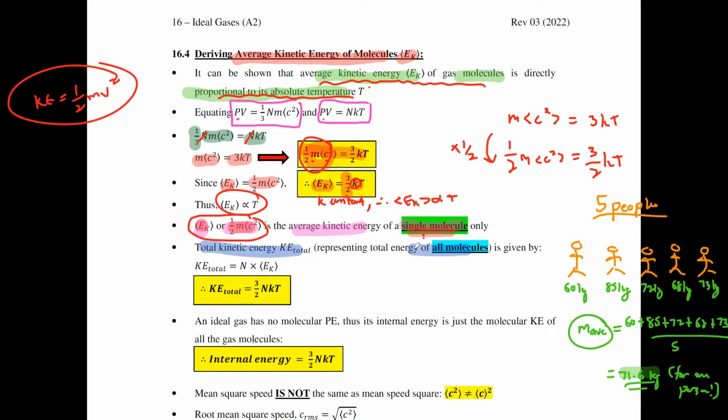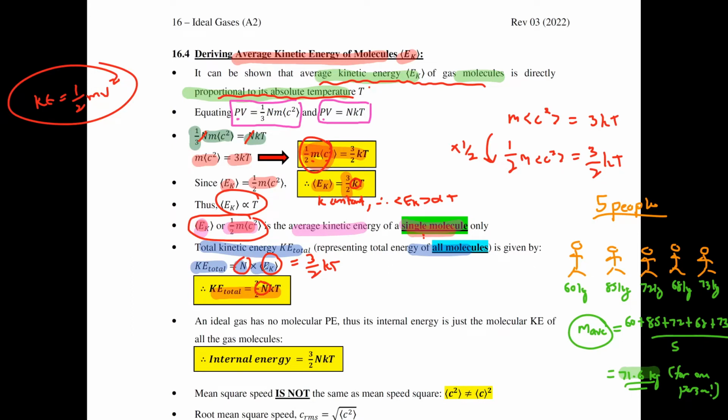All you need to do is take the number of gas molecules and multiply it with the average kinetic energy of one gas molecule. And since this one was equal to 3/2 kT, your expression now becomes KE total equals 3/2 NkT. The only difference now is that you are multiplying with N.